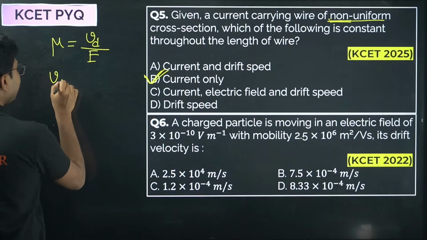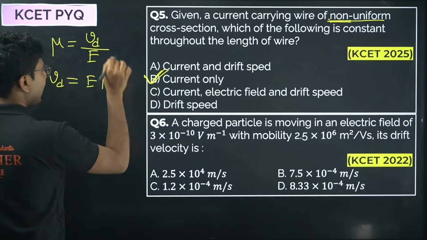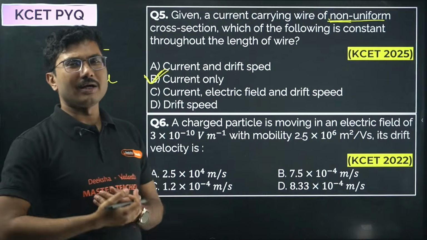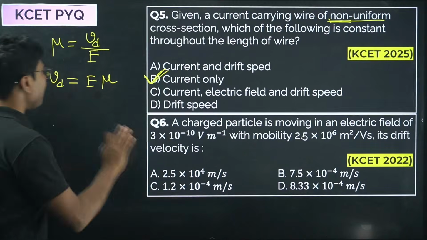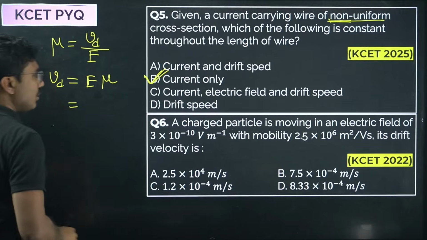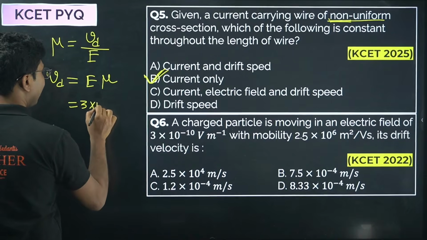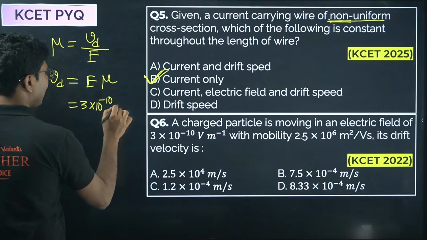Sometimes we call it velocity, sometimes we call it speed. Drift speed is more accurate, but because it is related to electric field, we say drift velocity as well.